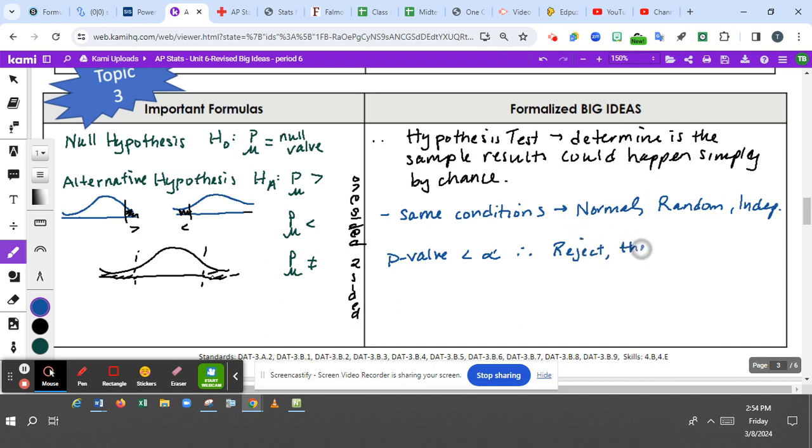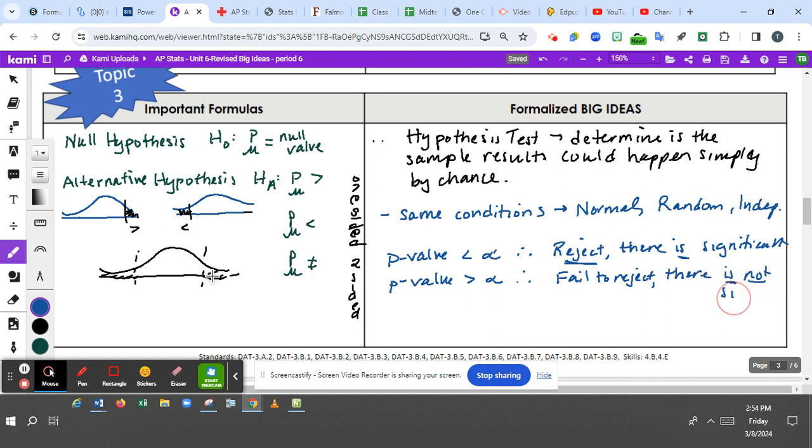There is significant evidence. Reject, there is. If the p-value is greater than alpha, therefore, we fail to reject. There is not significant evidence.